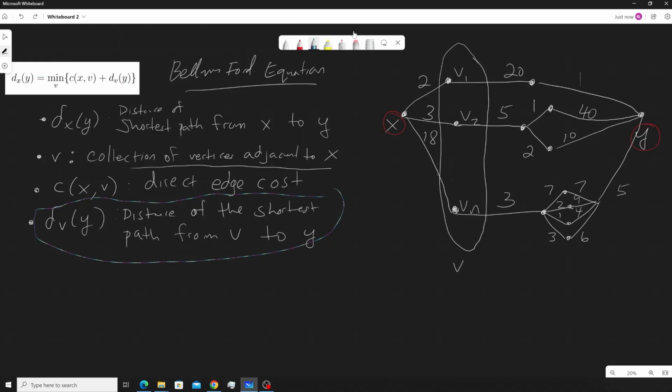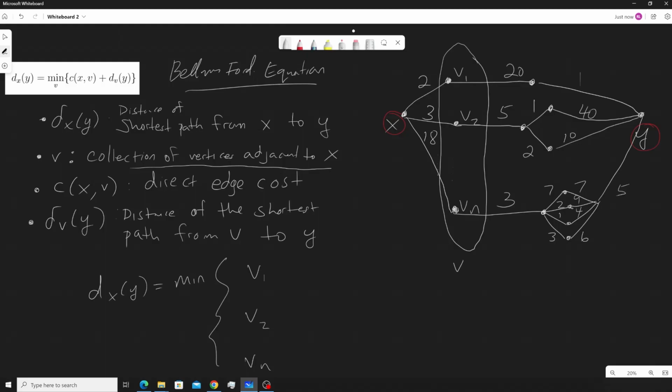So in our first version we have d of x y, that's equal to the min, and now we have 3 choices, and we're going to be expanding all 3 of those choices. So the first one is v1, but then we're also going to do v2 and vn.